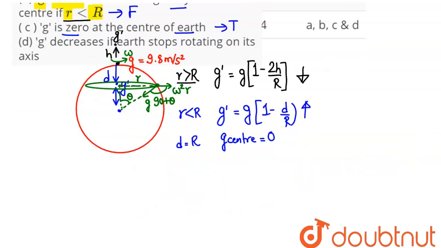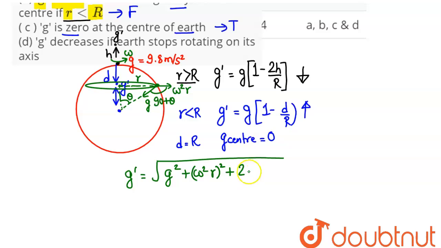So the value of g at this point will be due to rotational effect, our g dash net effective will be equal to under root of g square plus omega square r whole square, where r is the radius of the circular part here, plus 2g into omega square r into cos of 90 plus theta.